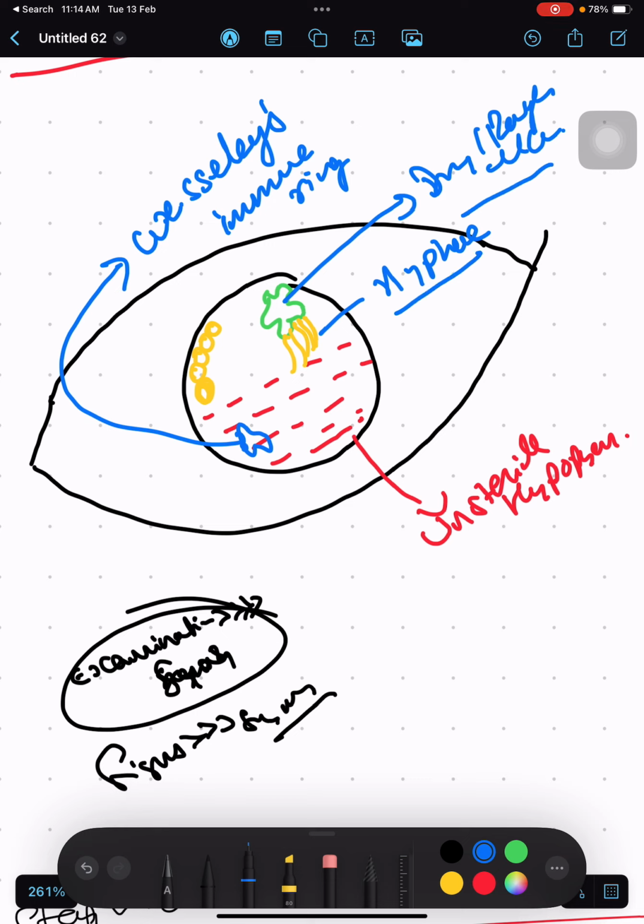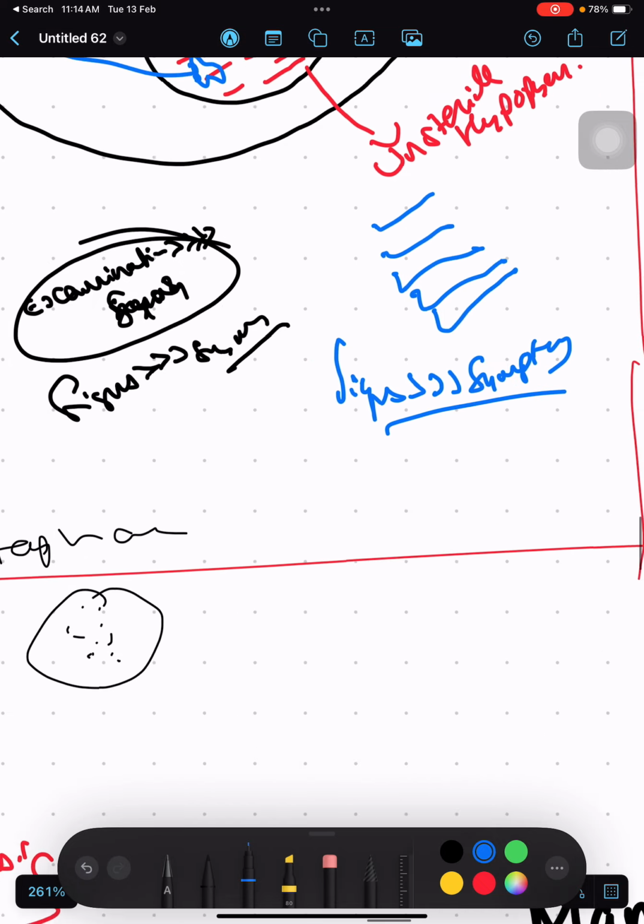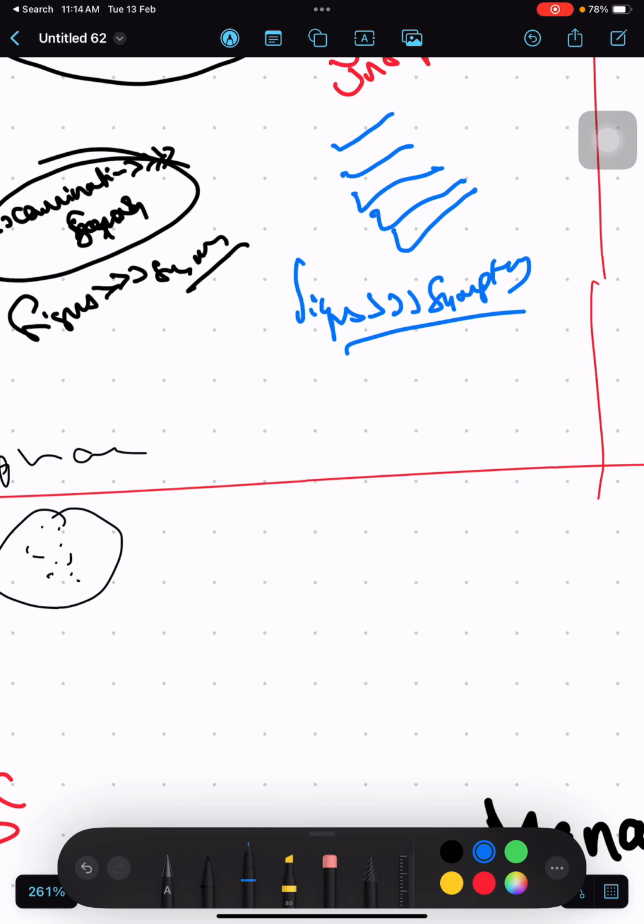Okay, and these are the different things that you need to remember. And what are the clinical features? The same thing: pain, redness, photophobia, discharge, blurring of vision. Compared to bacterial infection, the signs are more than the symptoms. This is very important. Signs are much higher than the symptoms when you compare with bacterial keratitis.